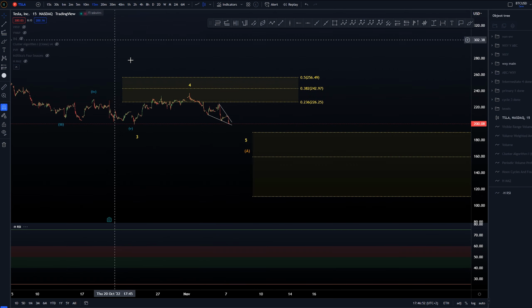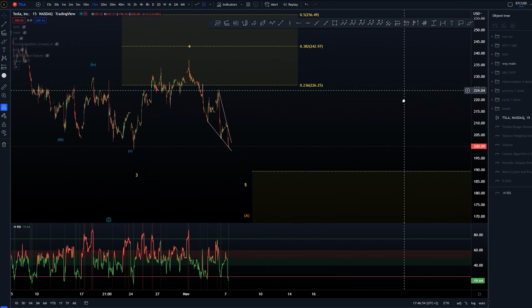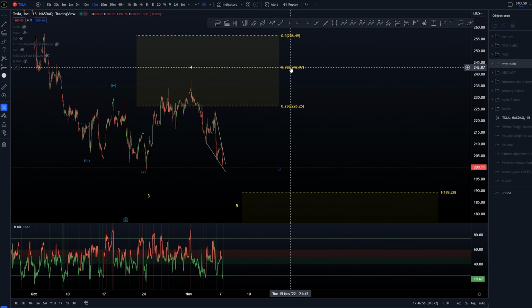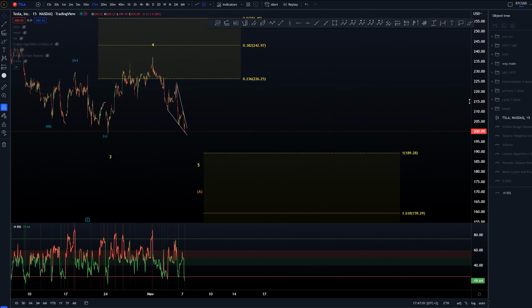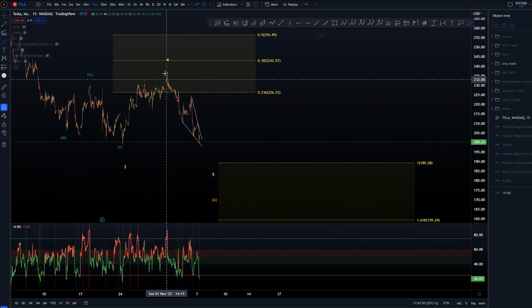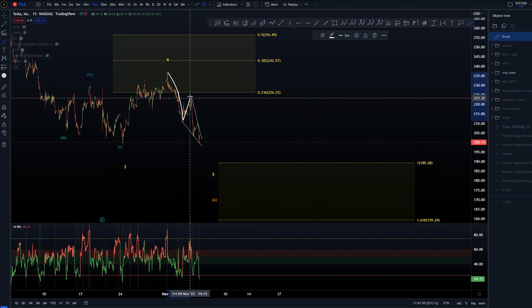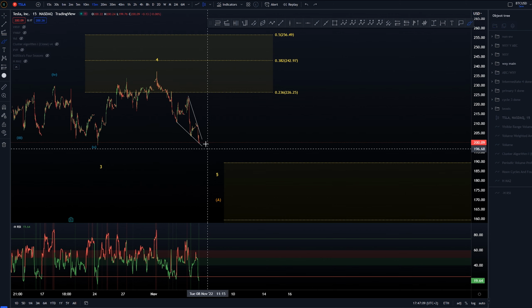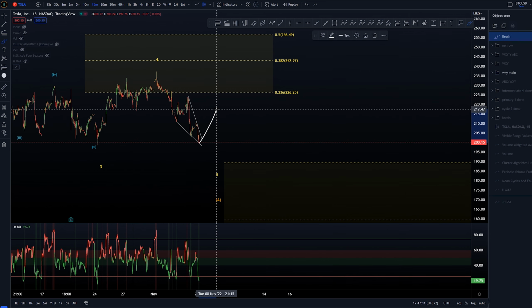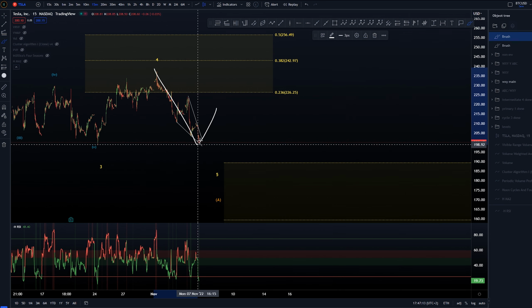So on the smaller time frames, after this wave 4 was put in place, almost getting to the 38.2 retracement, we have been looking only downwards. In here, I've labeled this as a wave 1, 2, 3, 4 and 5. So that could give us some kind of diagonal in here, and we could be looking for a wave 2 here. So this would be a wave 1 and 2.